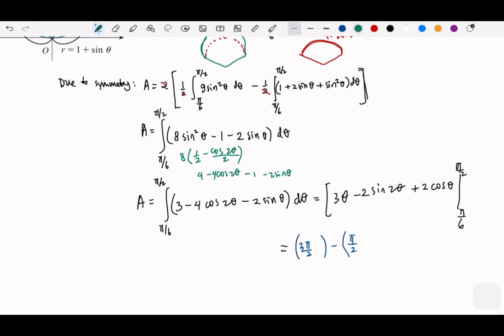Pi over 6 is 2 sine pi over 3 plus 2 cosine pi over 6. They are cancelling, right? Sine pi over 3 is the same as cosine pi over 6, right? So it should be cancelling. So we can cancel. So we get pi for the area.